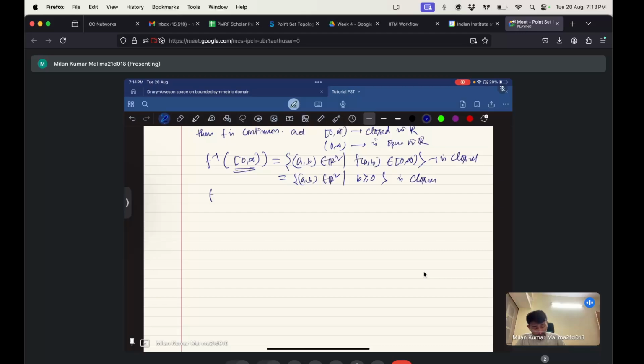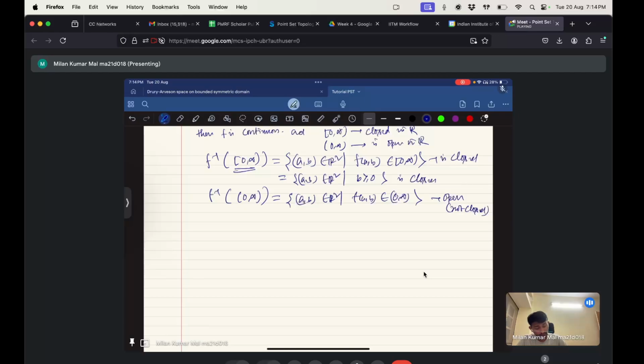Now similarly, if you look at the inverse pre-image of the open interval 0 to infinity, that equals all those (a, b) belonging to R square such that f of (a, b) belongs to 0 to infinity. That means this is open and not closed.